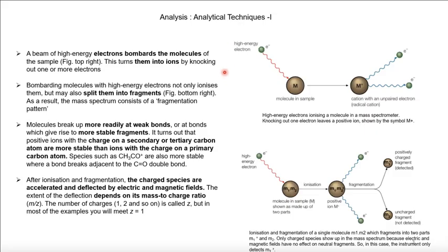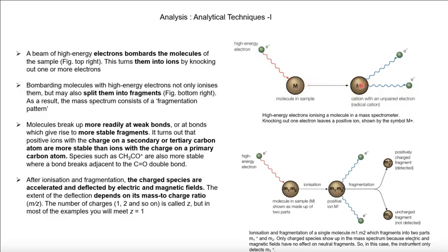Here it is a schematic diagram. What we have already discussed in an earlier lecture at the beginning during atomic structure and bonding. So what we do in mass spectrophotometer, high speed electrons bombard the molecule, and then we get molecular ion.